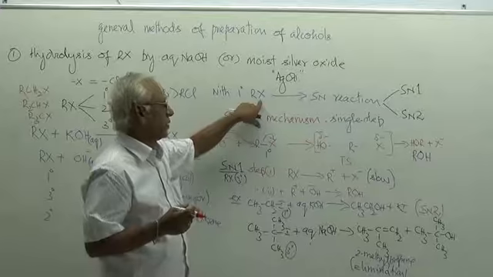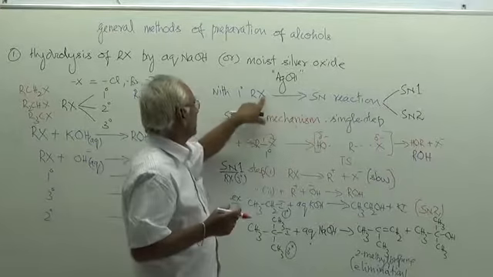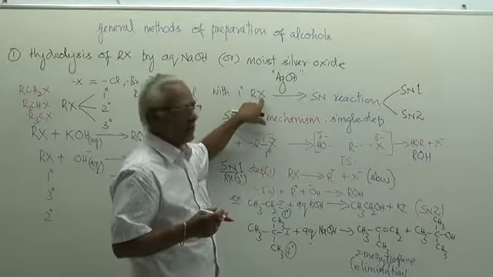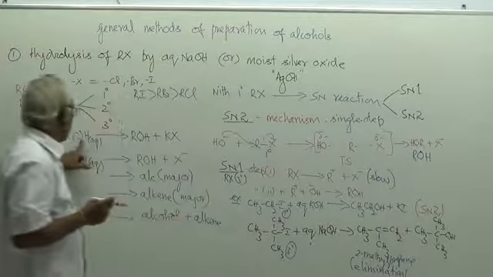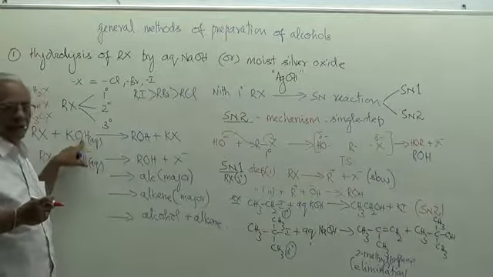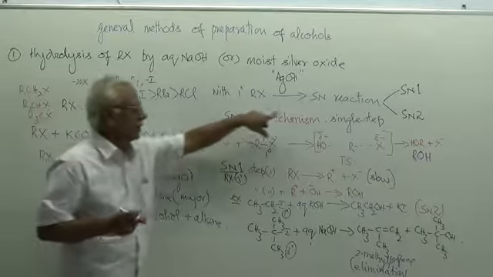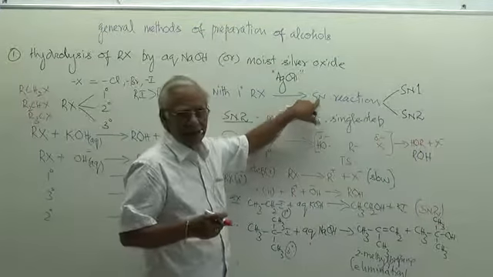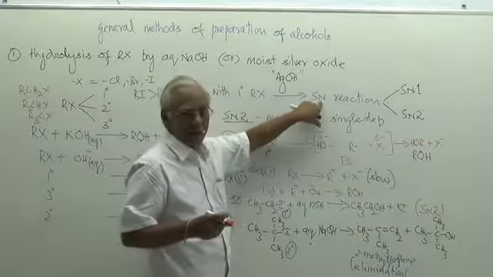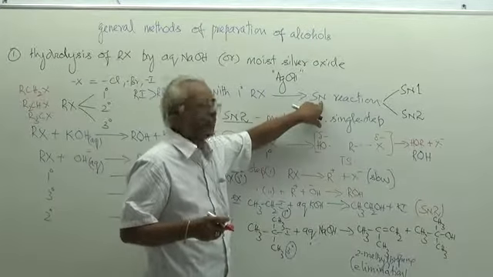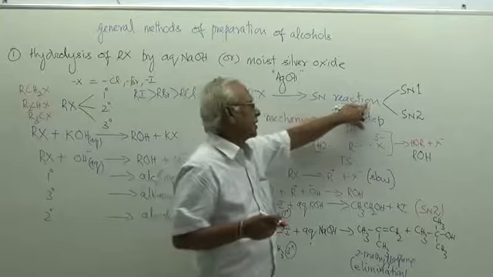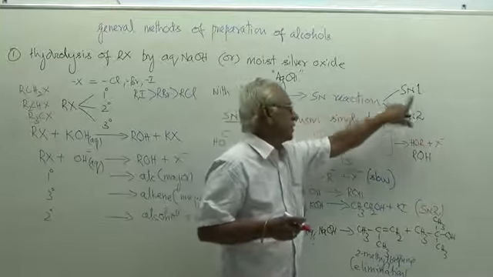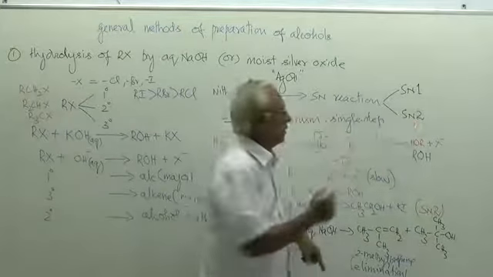In the case of primary alkyl halide, the halogen is replaced by the OH minus ion, and the OH minus ion is a nucleophile, therefore it is a nucleophilic substitution reaction, written as SN reaction, substitution nucleophilic. And this can be classified into SN1 and SN2.